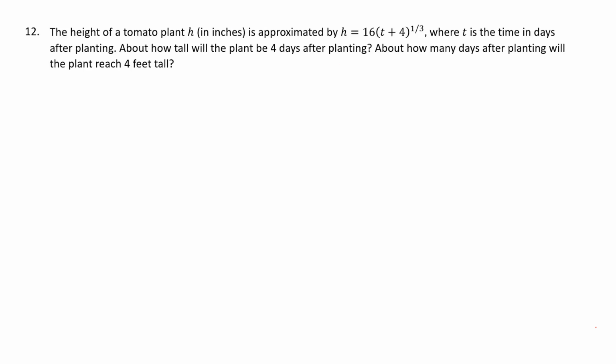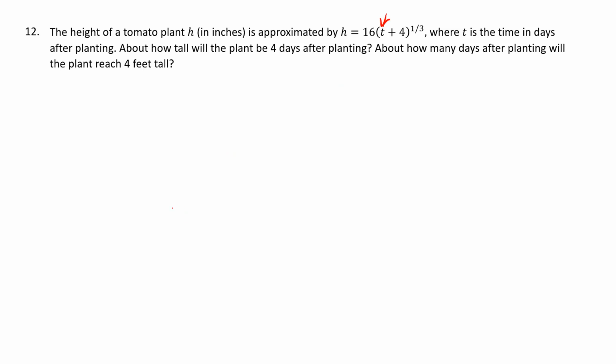Number 12, the height of a tomato plant H in inches is approximated by H equals 16 times T plus 4 to the 1/3 power, where T is the time in days after planting. About how tall will the plant be 4 days after planting? Okay, so 4 days, that's the time.